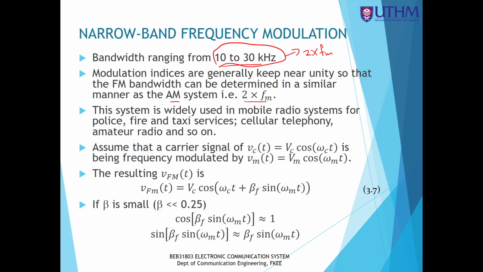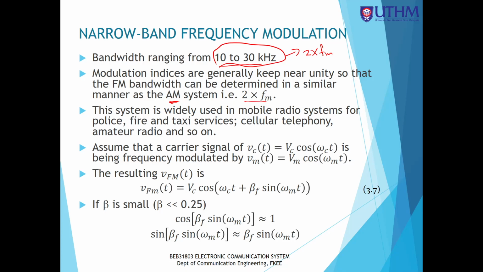Remember, in double sideband full carrier, the bandwidth is 2 fm, and it is considered big for AM. But in FM, this bandwidth is considered small. So FM, frequency modulation, actually needs wider bandwidth compared to AM.